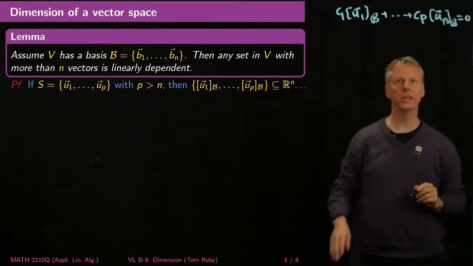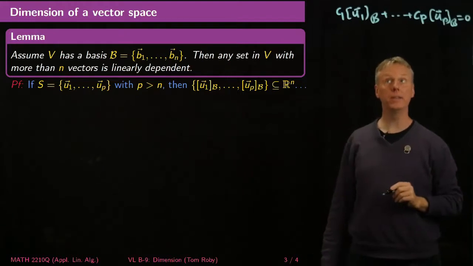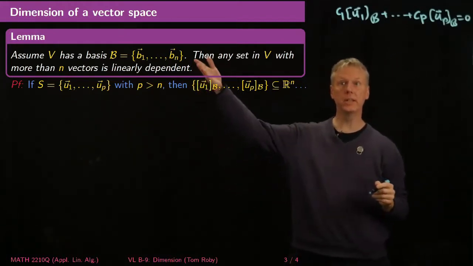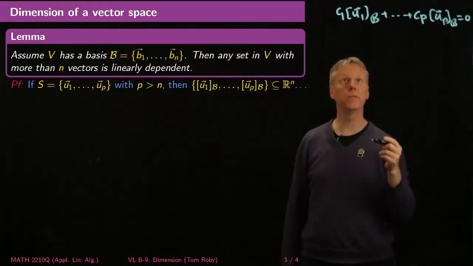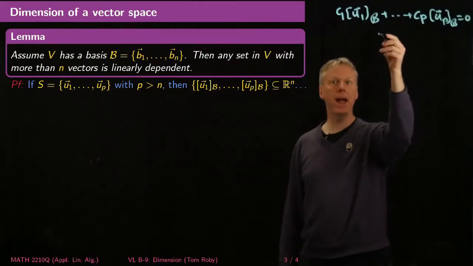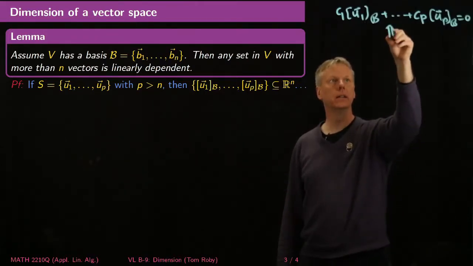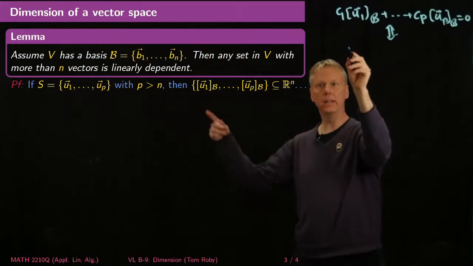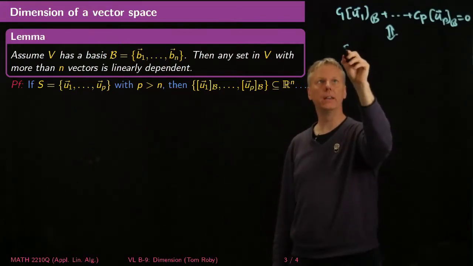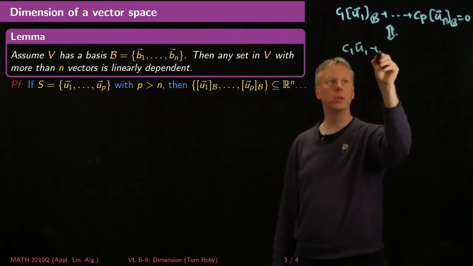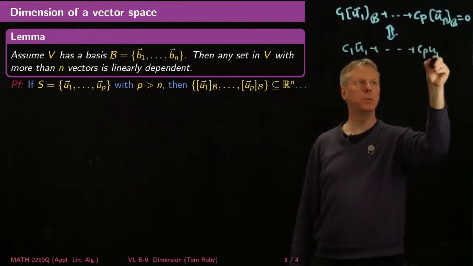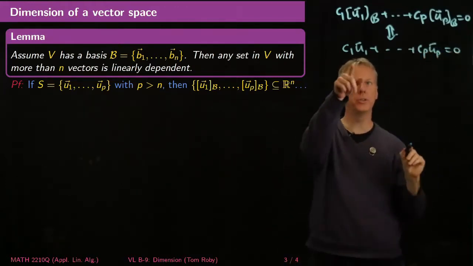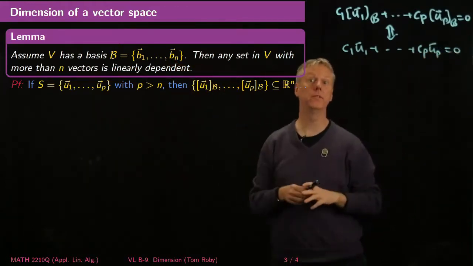Their images in R to the n are linearly dependent. But because this coordinate map is an isomorphism, this just translates back to saying that in the vector space V, C1U1 plus dot dot dot plus CPUP is equal to 0. And so therefore, these vectors are linearly dependent in V.